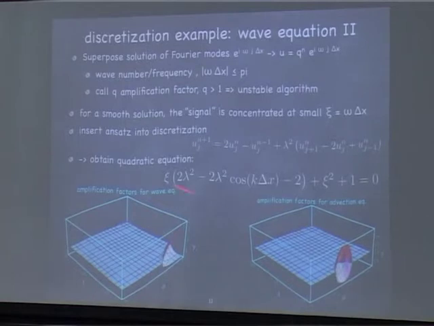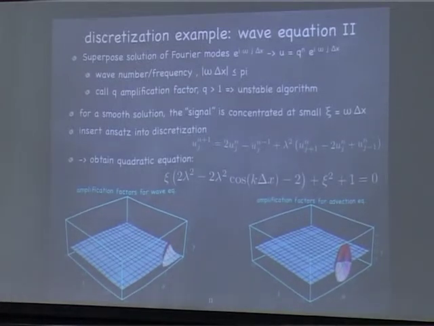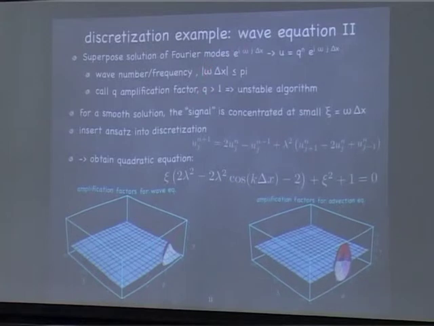We can solve this quadratic equation and check what's the maximum lambda allowed to satisfy the condition that the amplification factor is not allowed to be larger than 1. And so in this condition we just get a maximum time step.